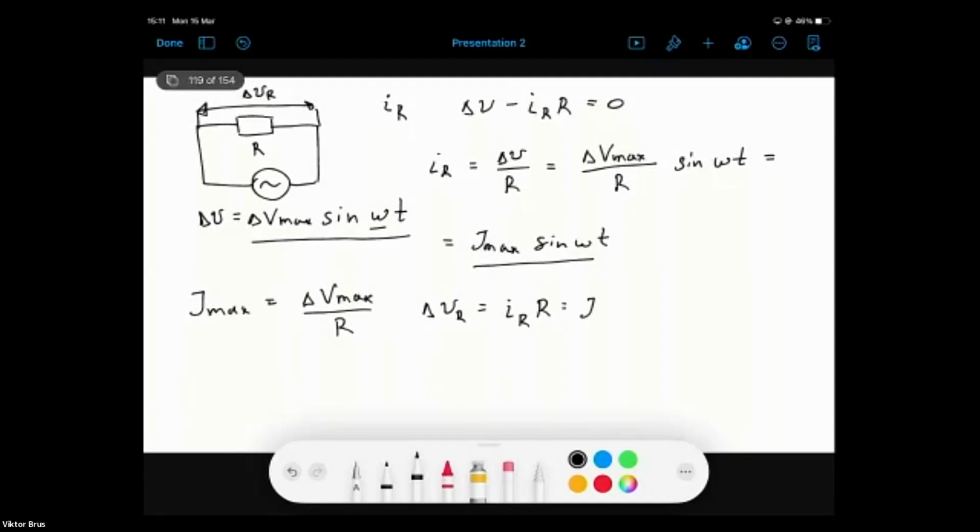So that will be I maximum times R times sine omega t. So now we have two equations which describe the electric current through the resistor as a function of time, and also the instantaneous voltage drop over resistor R given with another function. So they are quite similar. It's just some additional term.